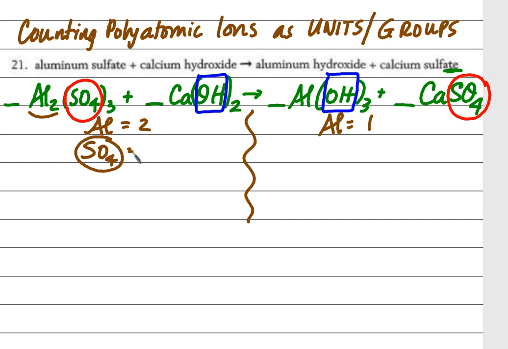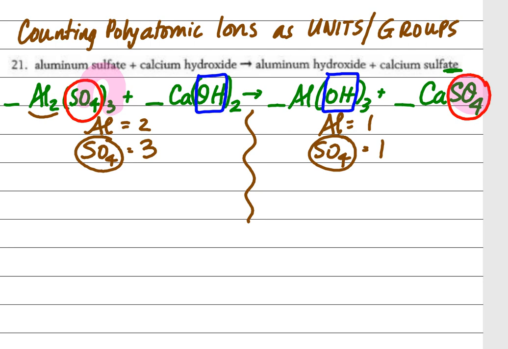There are 3. 3 of whatever is in the parenthesis. 3 groups. So therefore, sulfate, there are 3 groups. How about on this side? There is only 1 group. This one right there. We're counting polyatomic ions in groups.